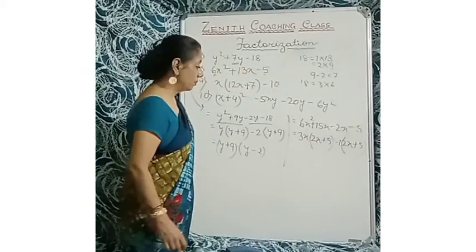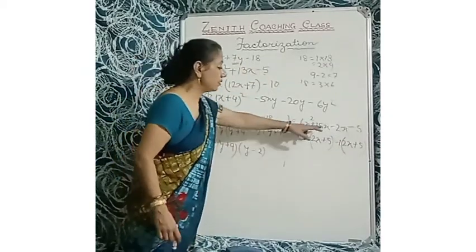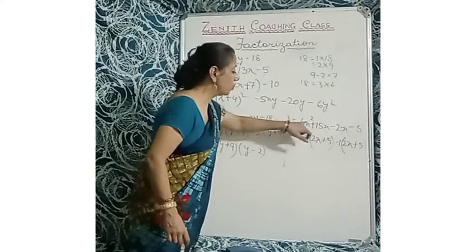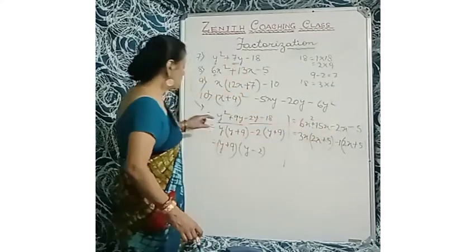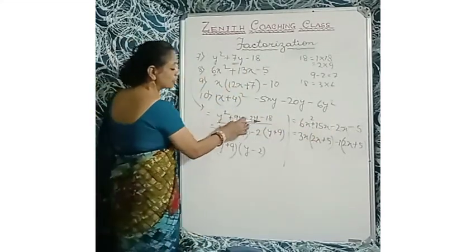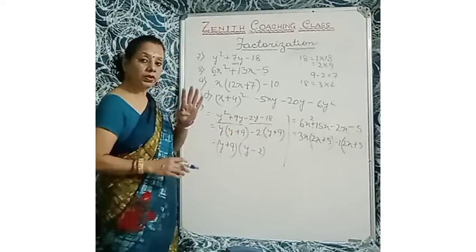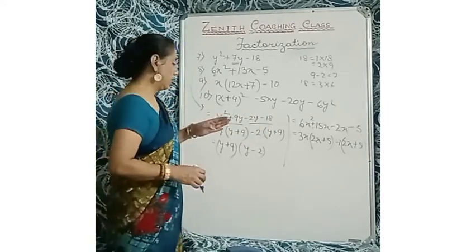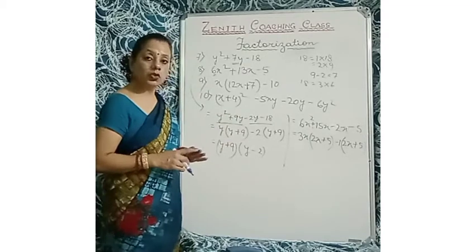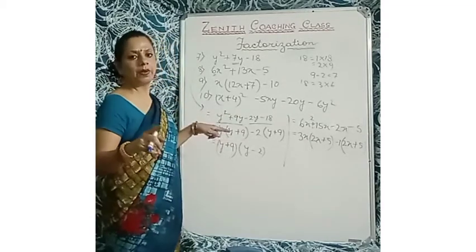Understood the sum? Because you have to take 2 plus and 2 minus. You see, here is plus, here is plus, it is minus, it is minus. You have to take 4 terms. 2 terms are plus, 2 terms are minus, or all the terms are plus.